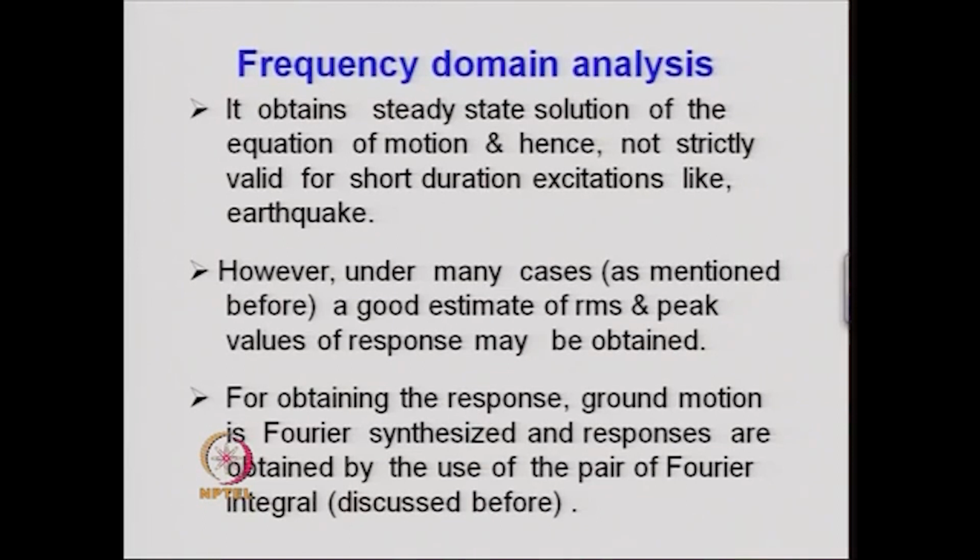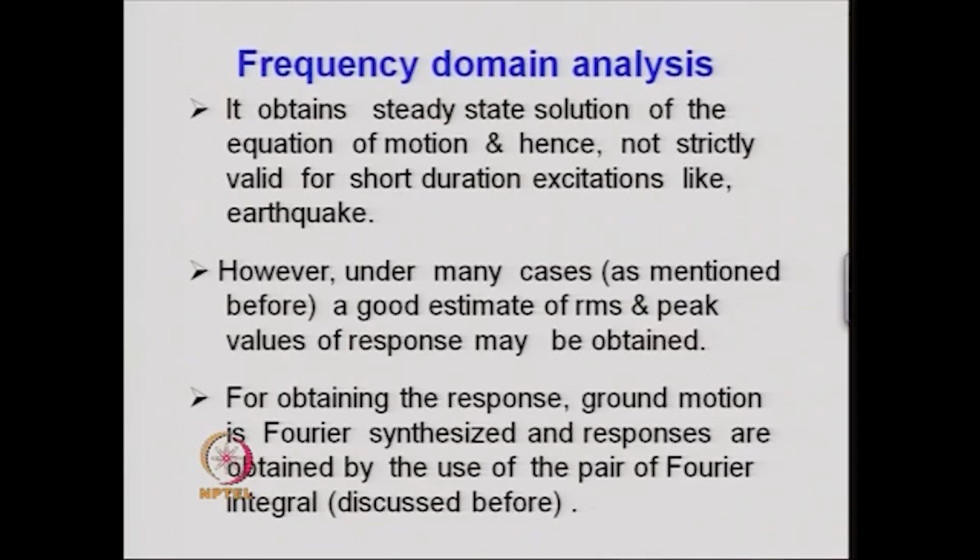However, there are many cases where one can get a reasonably good estimate of the root mean square value of the response and the peak value of the response using the frequency domain steady state solution, and that is a condition where the structure's period turns out to be much smaller than the predominant period of excitation.